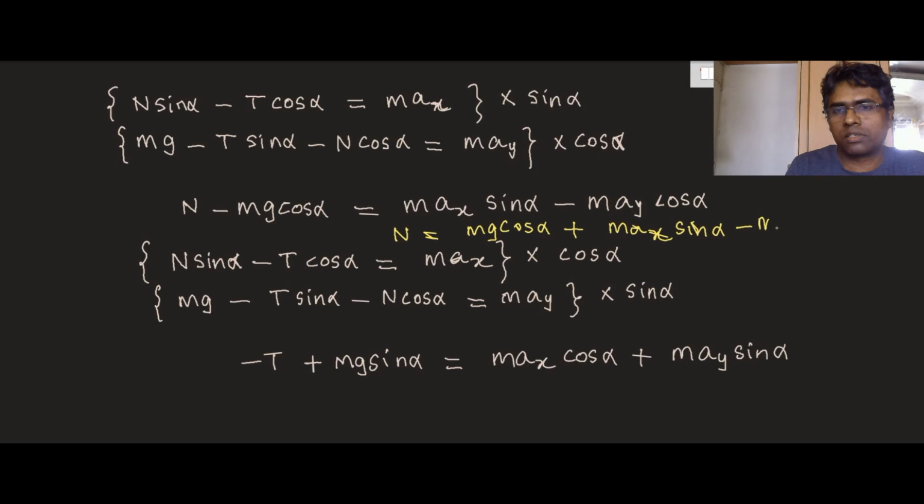And similarly the tension here would be mg sine alpha minus m ax cos alpha minus m ay sine alpha.